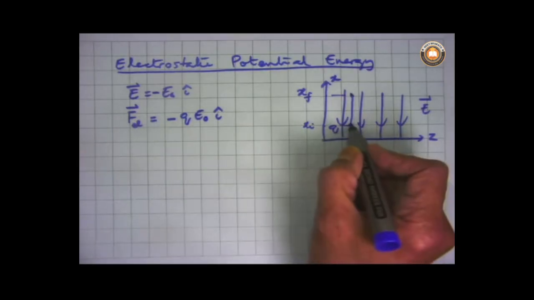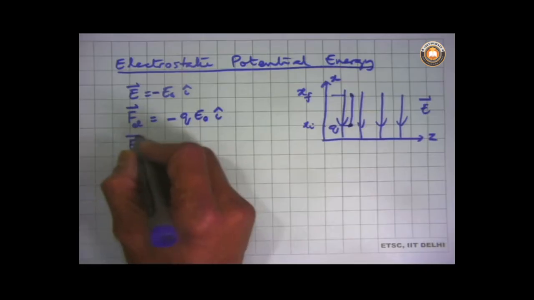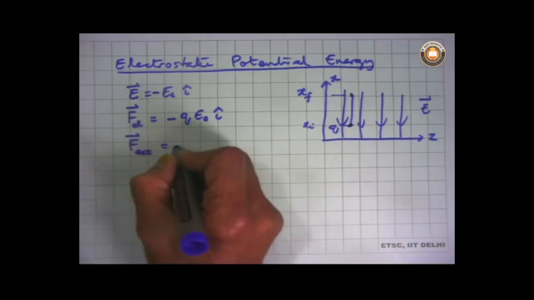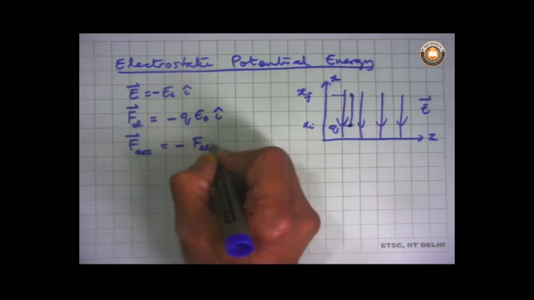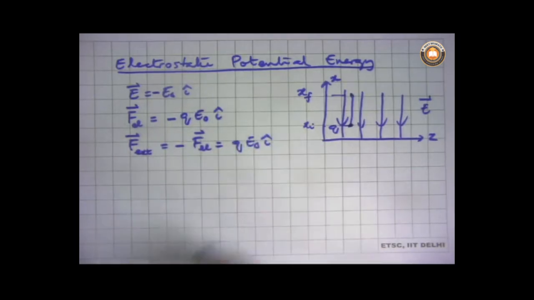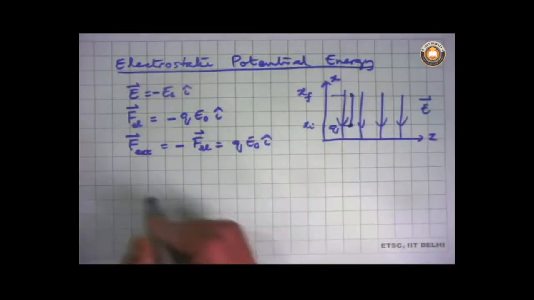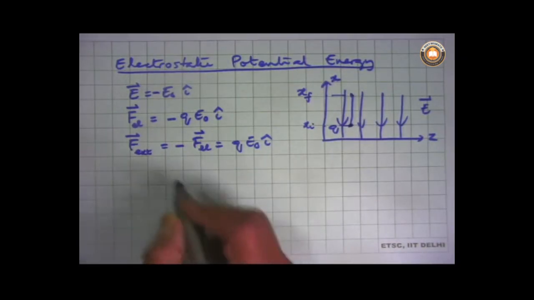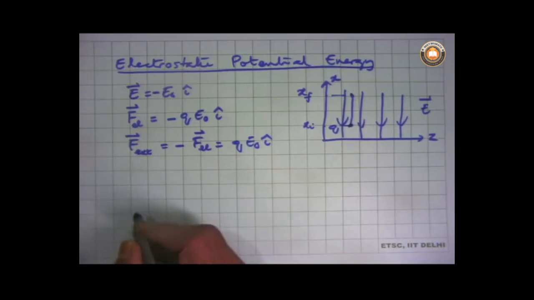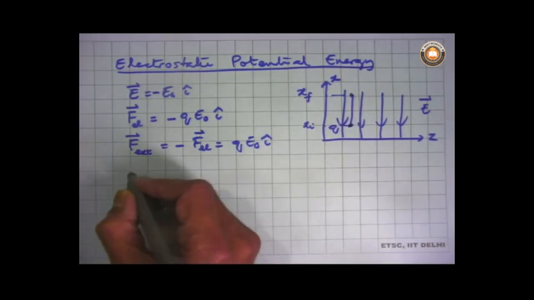To move the charge from xi to xf, I need to apply an external force which is negative of this, which is minus F electric, which is equal to q E naught i cap. So, I have to apply a force in the upward direction here to move the charge. So, that is the force that I have to apply externally, and what is the distance I must move?